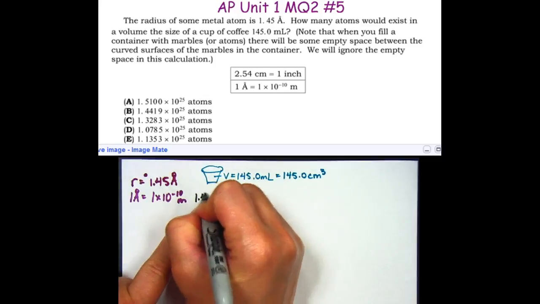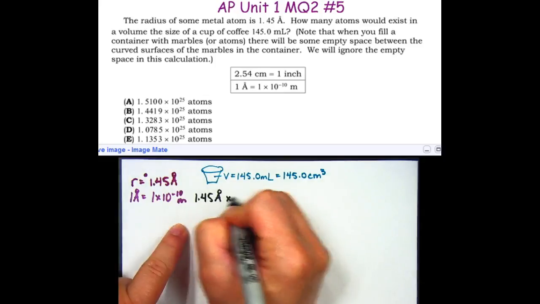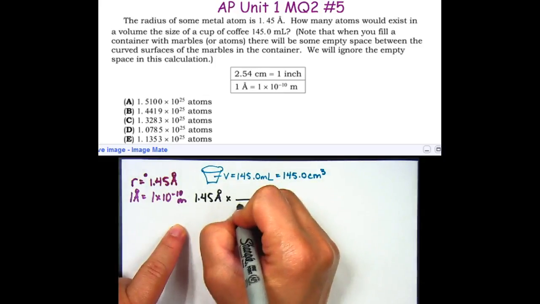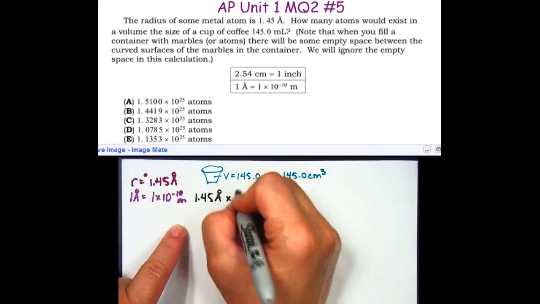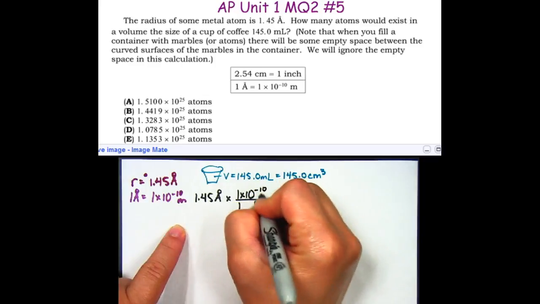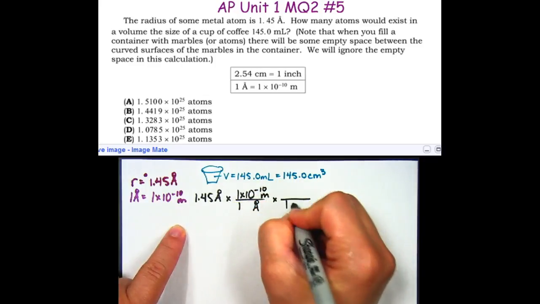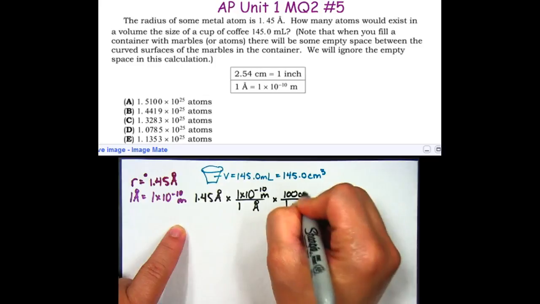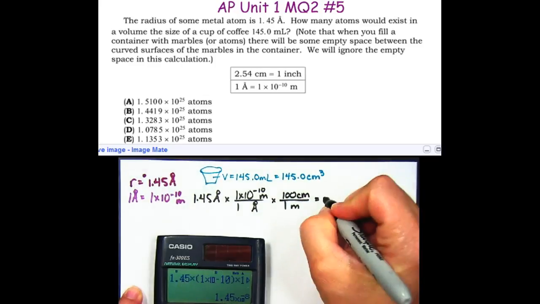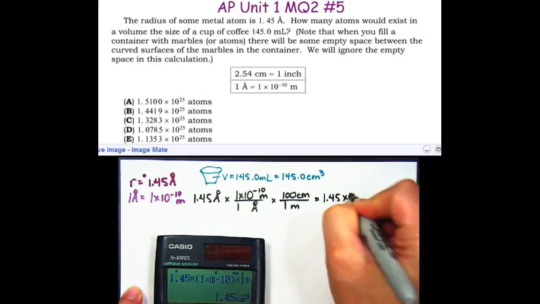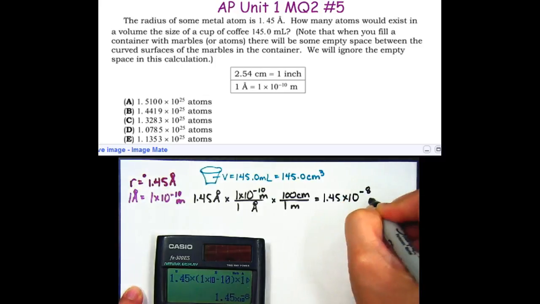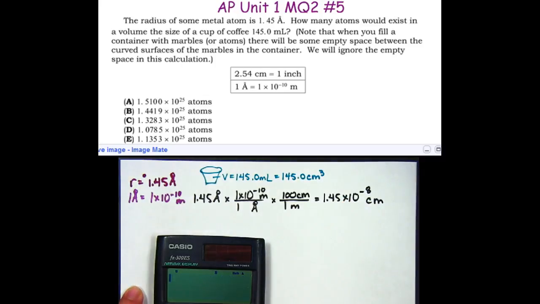Take 1.45 angstroms, and 1 angstrom equals 1 times 10 to the negative 10 meters, and 1 meter equals 100 centimeters. So we get 1.45 times 10 to the negative 8, and that's centimeters.